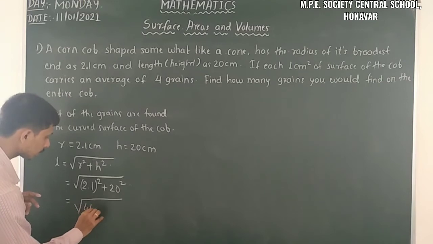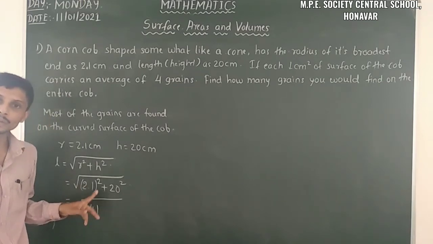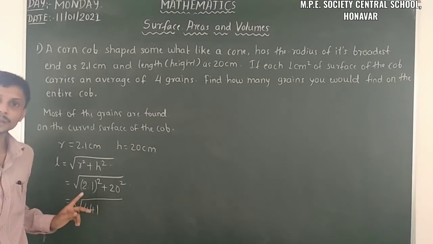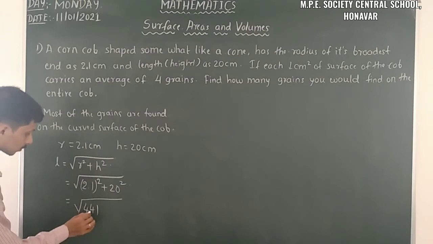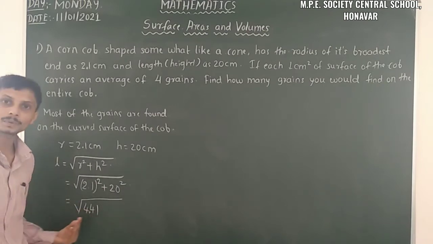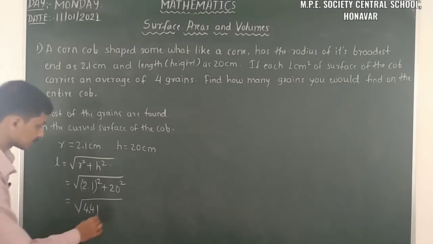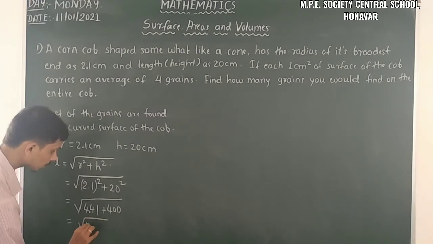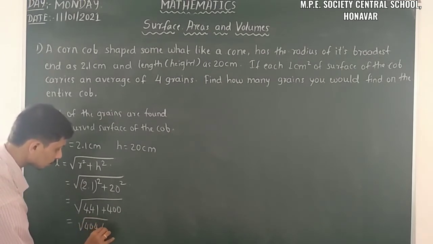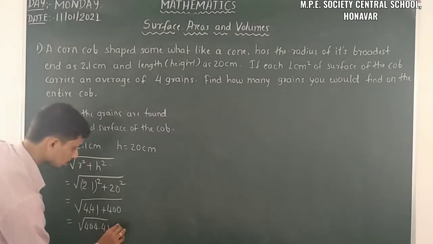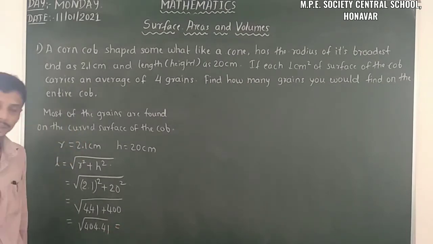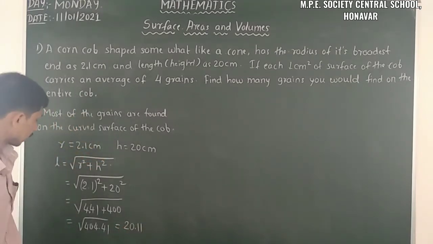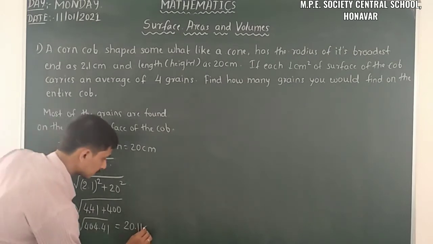Here 2.1 into 2.1 has 2 decimal places, so I will put the decimal point before the last 2 digits, plus 400, is equal to square root of 404.41. The answer is 20.11. L is equal to 20.11 centimeter.